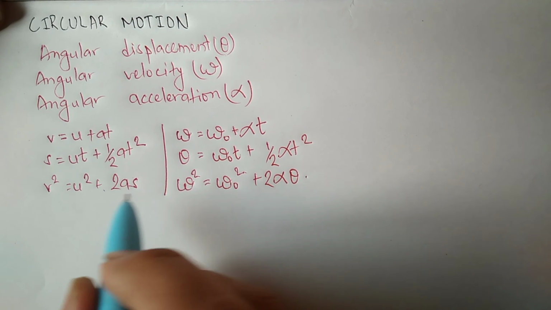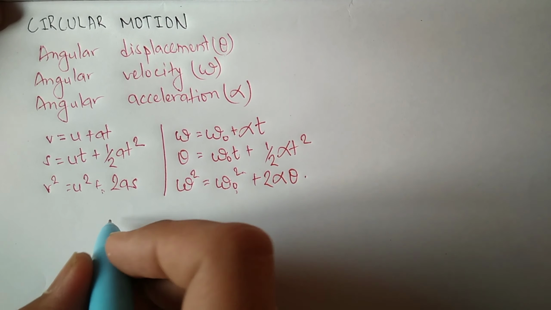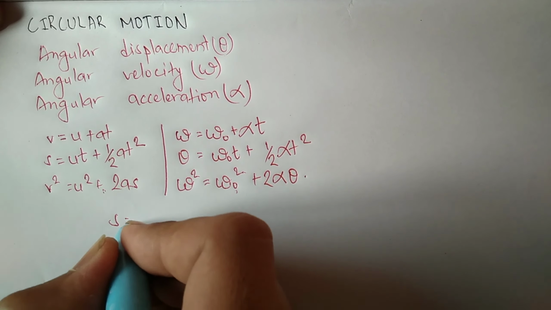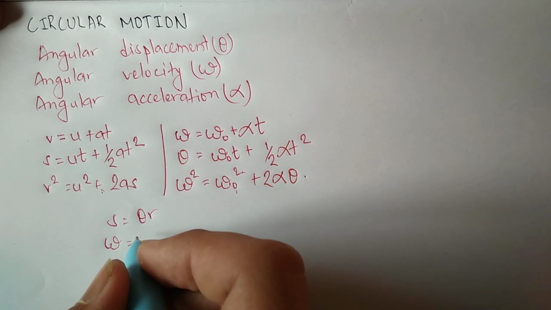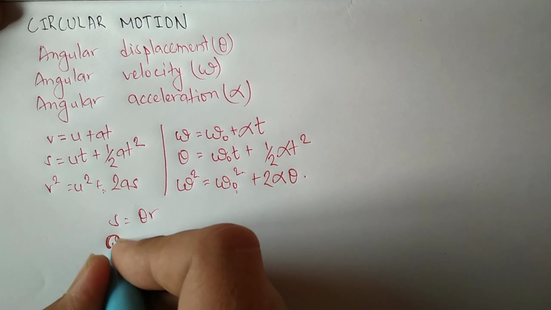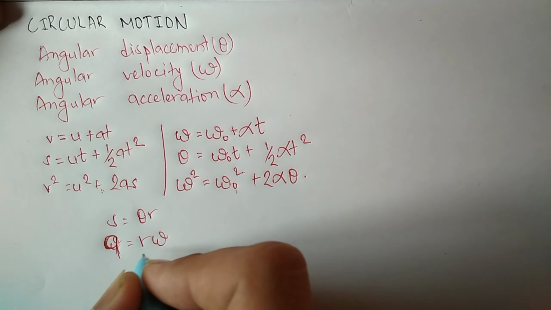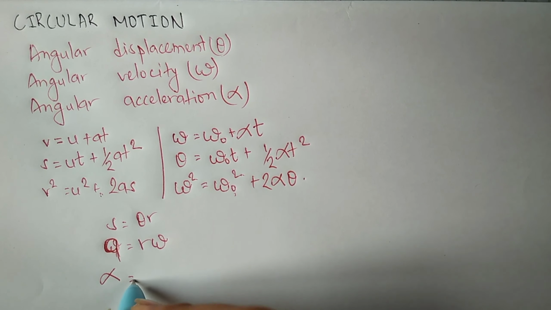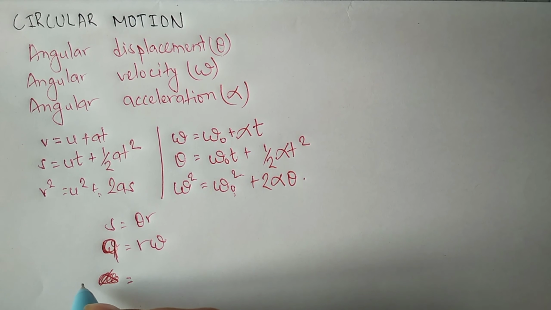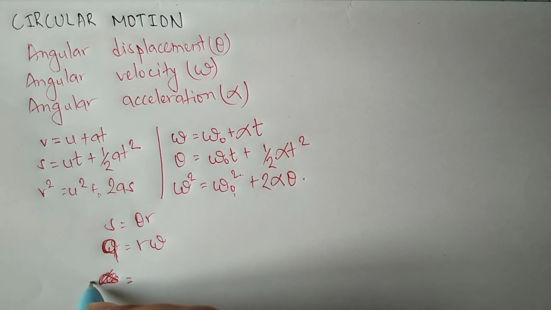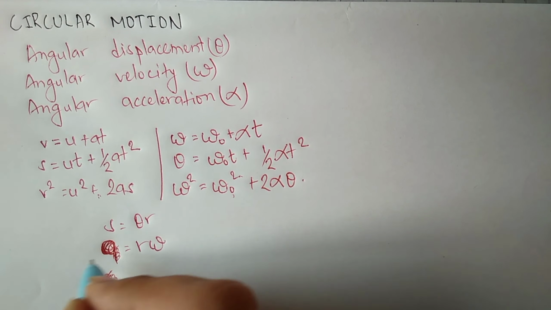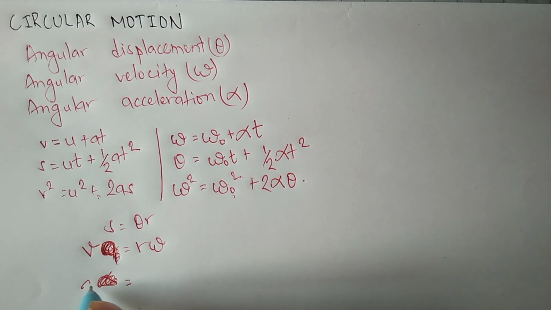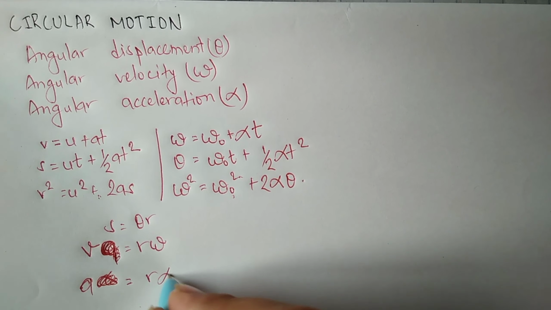Well, there are relations between linear and circular terms. S is equal to theta into r, v is equal to r omega, and acceleration is r into alpha.